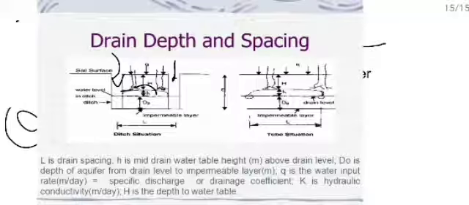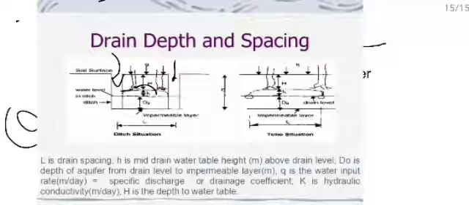And d naught is the depth of the aquifer from the drain level to the impermeable layer. That is, from the drain water is removed to the impermeable layer, so that the drain gets cleared and next it is ready for gaining water again.